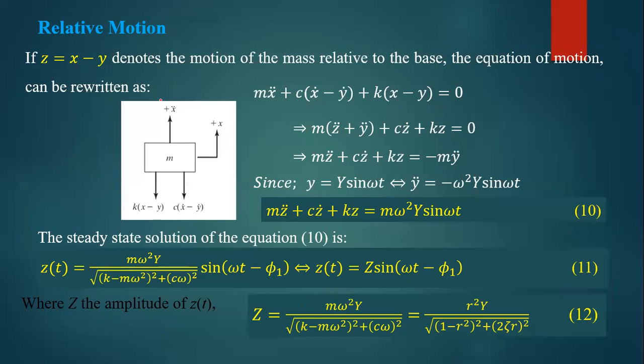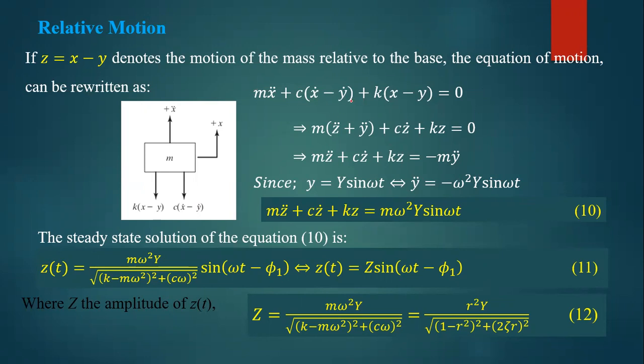Now, what is the relative motion? As we discussed early in our discussion, x minus y is a relative motion, z is equal to x minus y, which denotes the motion of the mass relative to the base. And this is the equation of motion.